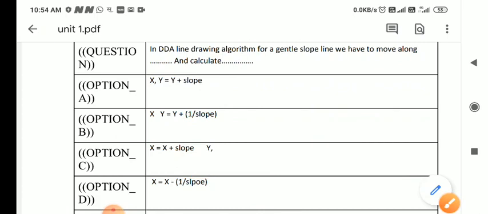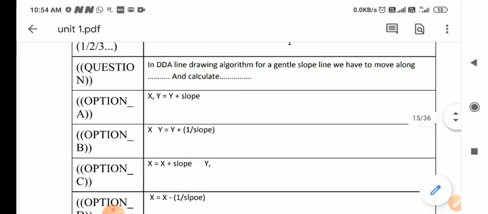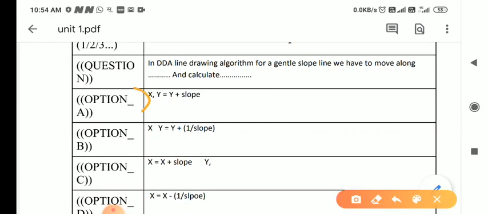We know the formula to find the value of y. So x increment is equal to previous x plus 1, because we are moving along x, that is every time the value is increasing by 1.